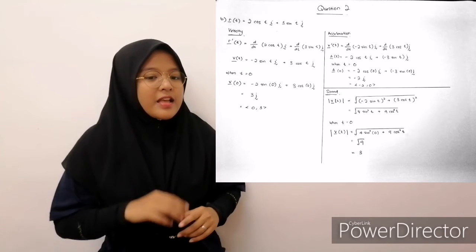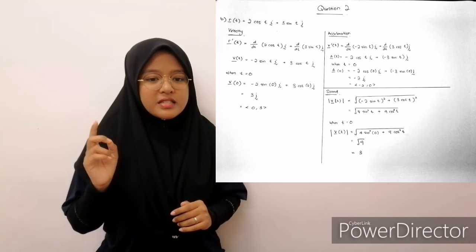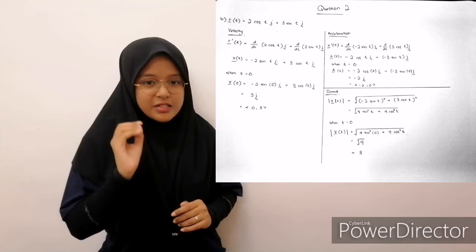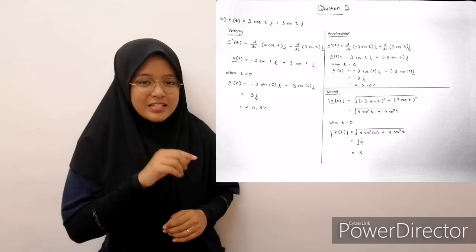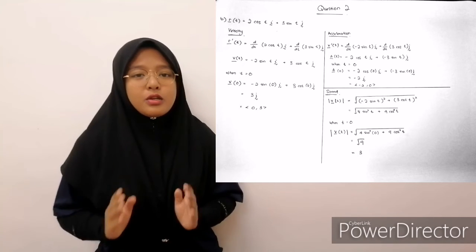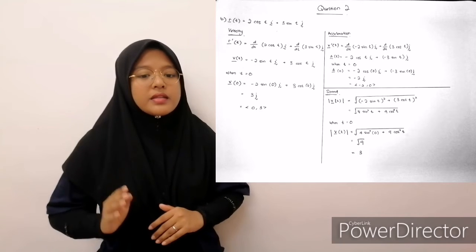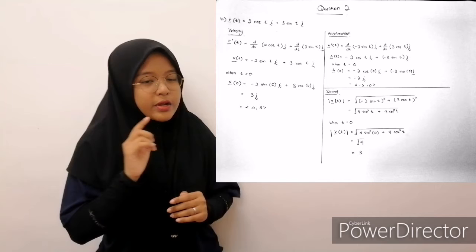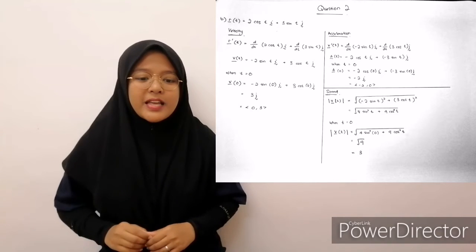So we get the square root of 4 sin squared t plus 9 cos squared t. Now when t is equal to 0, we get 4 sin squared 0 plus 9 cos squared 0, so inside the square root we get 9, and the answer is 3.